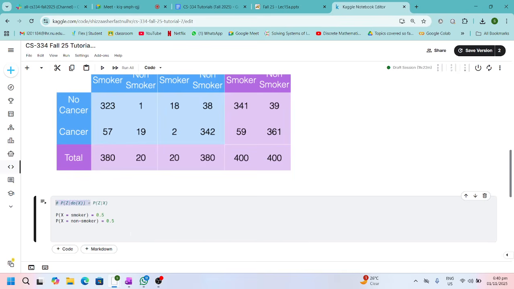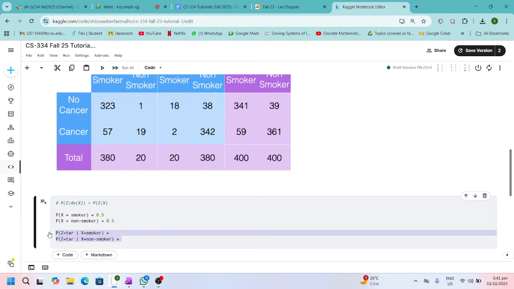Next, actually, since मैंने ये वाली चीज find कर ली है, तो हम इसी पे आ जाते हैं. Probability z equals अब हम individual values के लिए देखेंगे z equals tar given that x equals smoker, for instance. Similarly, we can find the probability that z equals tar given x equals non-smoker.